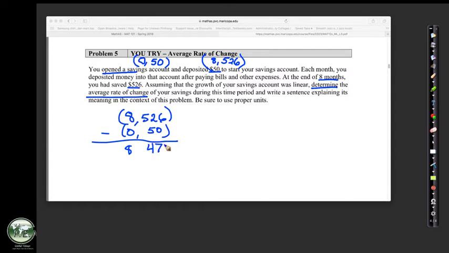Good, I think. Right? Yeah. I always go with my gut feeling and then I have to check it to make sure that's right. Usually it is, but usually I double check myself. So 476 divided by 8, and since we're actually looking for the average, maybe a dollar amount, we could go ahead and divide that.